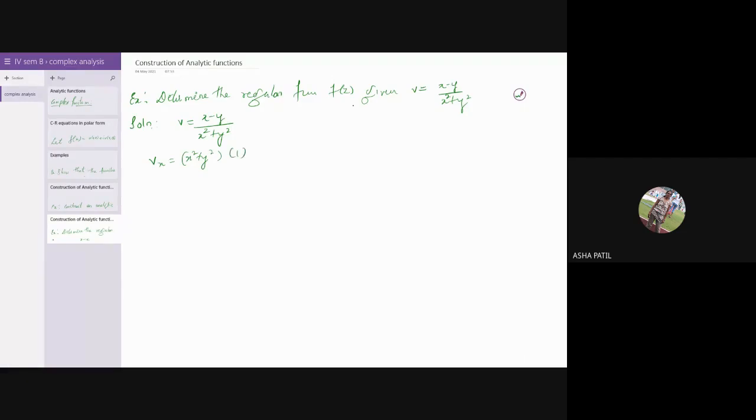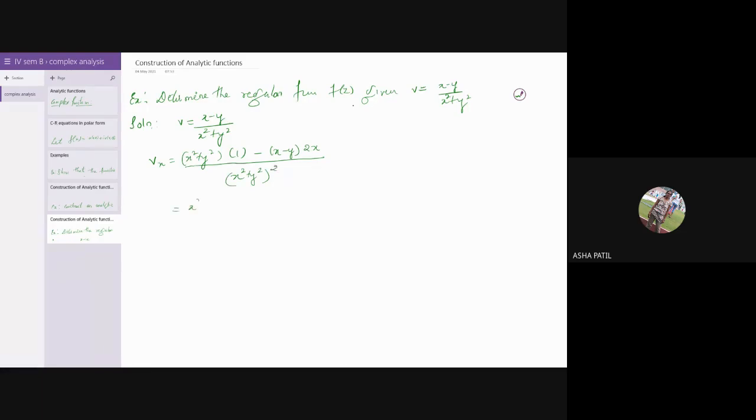Derivative of the numerator is 1, minus the numerator we keep as it is. Derivative of the denominator with respect to x partially: derivative of x square is 2x, that of y square will be 0. Whole divided by the square of the denominator.